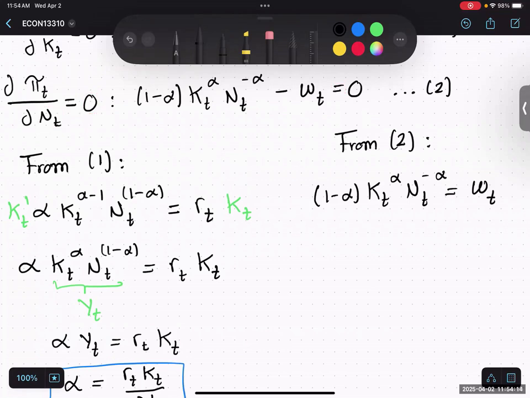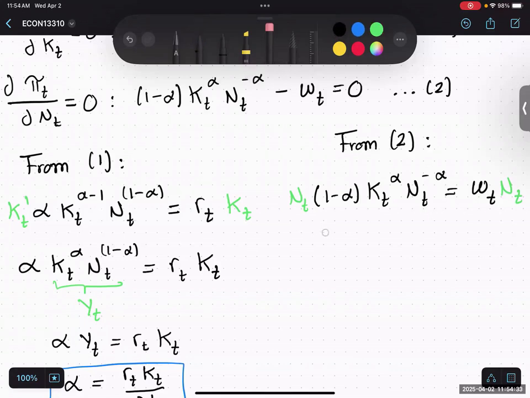Next, I'm going to multiply on both sides by N_t, and everything is unaffected, because I'm basically multiplying by the number 1, same as before.